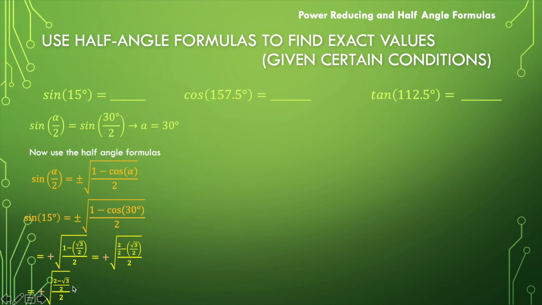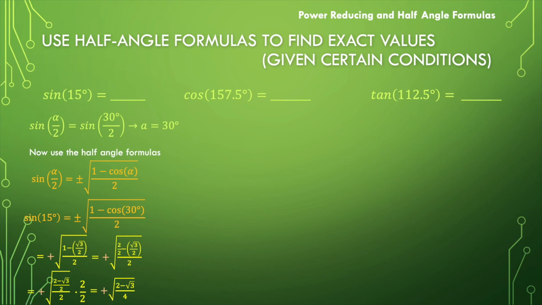Okay, now multiply the numerator and the denominator by 2, and that's going to get rid of this little denominator here because these two things will divide out. And we end up with 2 minus the square root of 3 divided by 4, all under the radical.